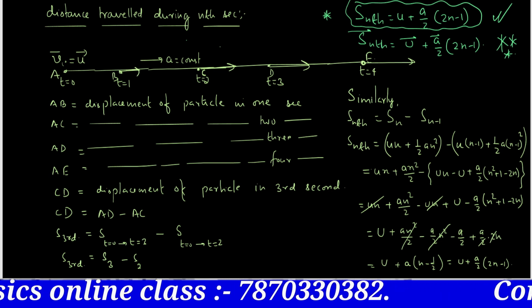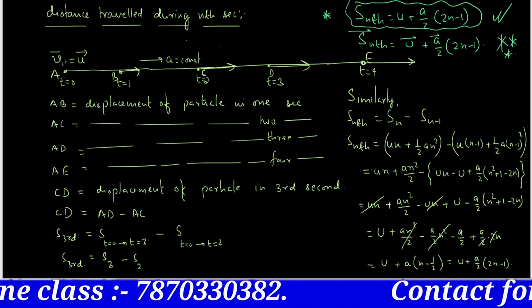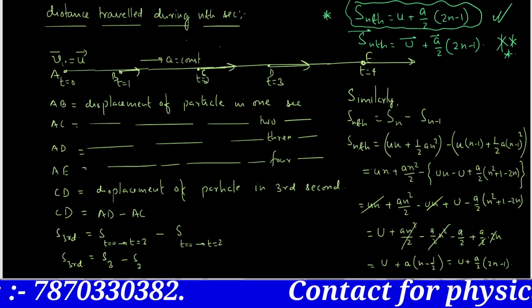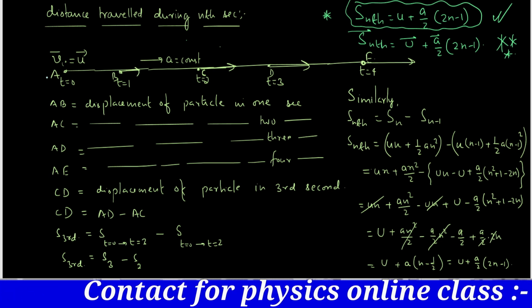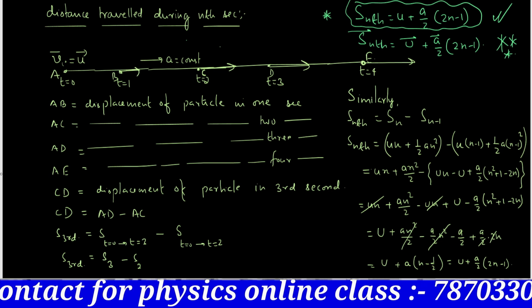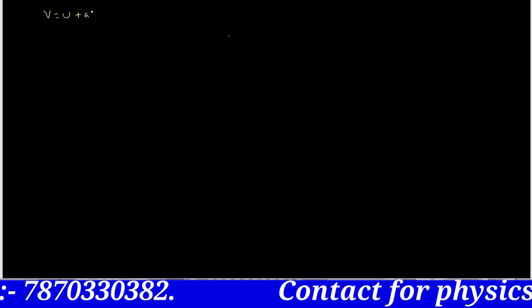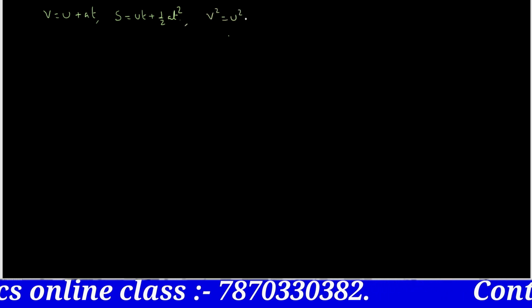And now, please solve a question. Can I change the space? Yeah, you can change. And please revise all formulae. I have v equal to u plus at. I have s equal to ut plus half at square. I have v square equal to u square plus 2as.